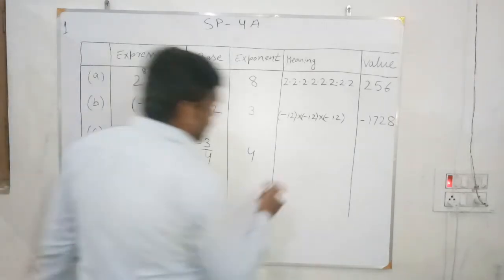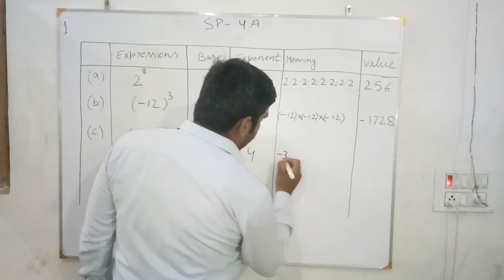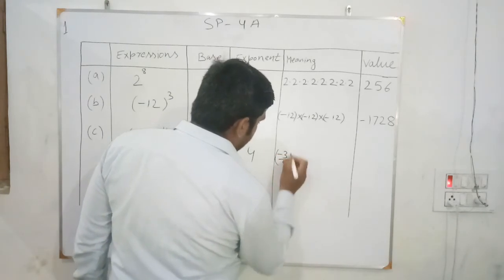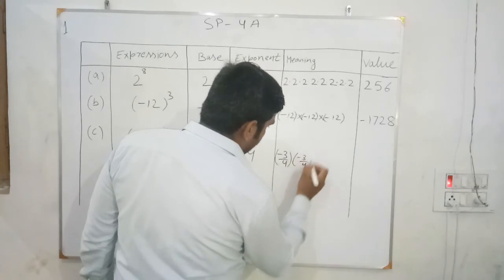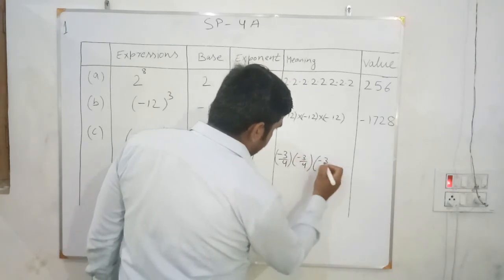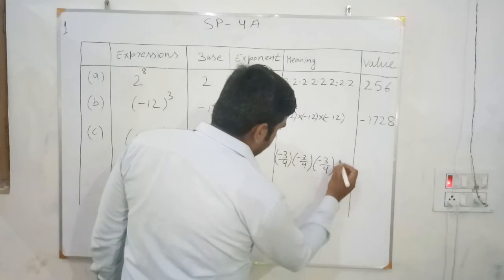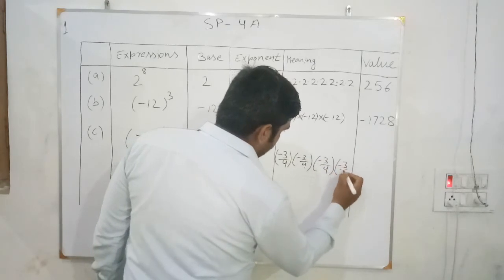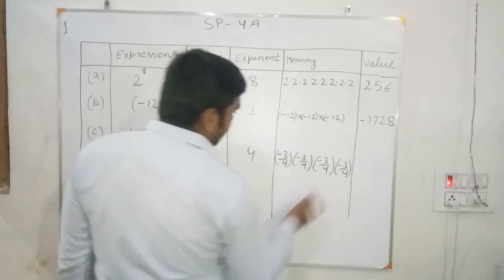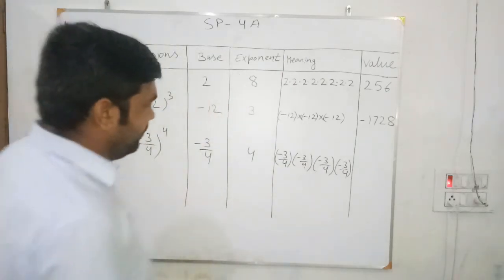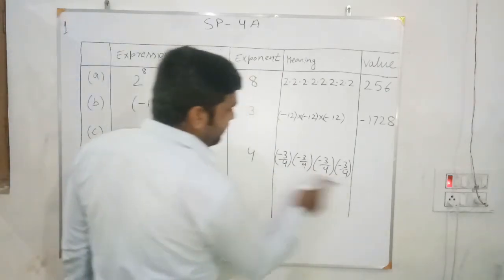So minus 3 by 4 multiplied by minus 3 by 4 multiplied by minus 3 by 4 multiplied by minus 3 by 4, 4 times: 1 time, 2 times, 3 times, 4 times.